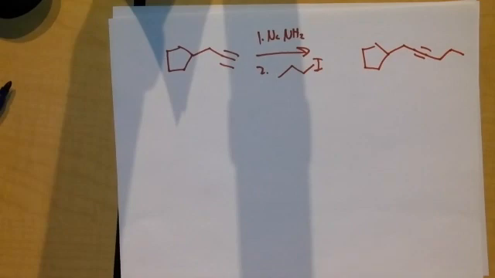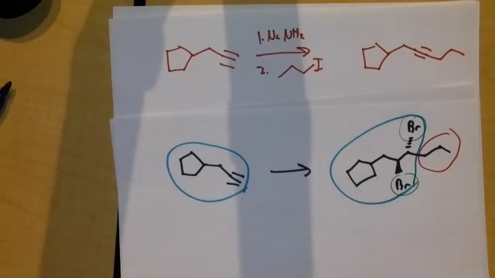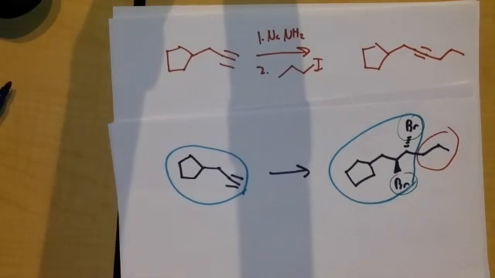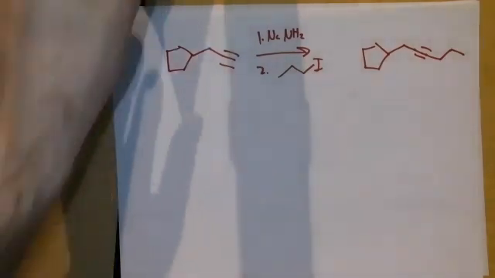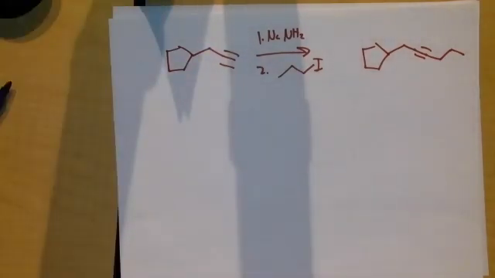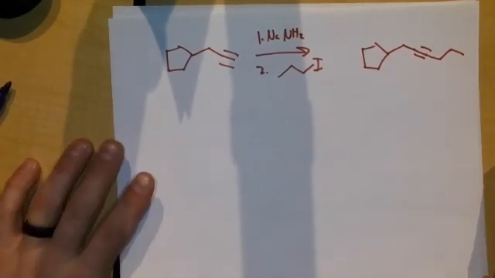So from here, I want to end up with this at some point. It's probably going to be easiest for us to reduce first and then brominate. So if I do that, there's 2 different reduction reagents you could possibly use.